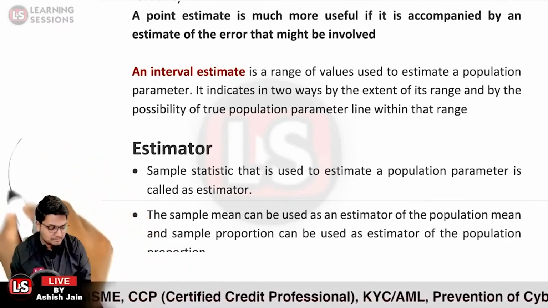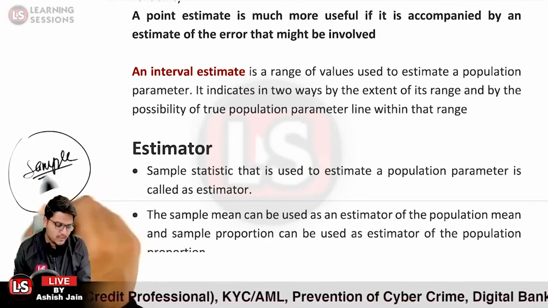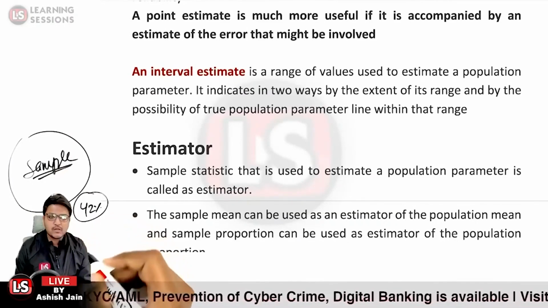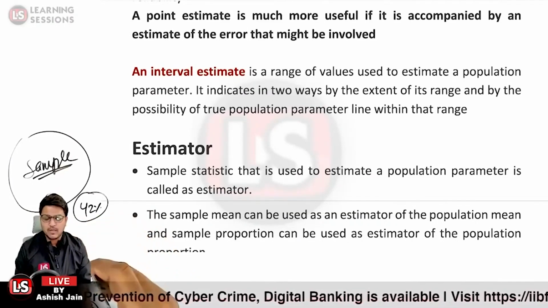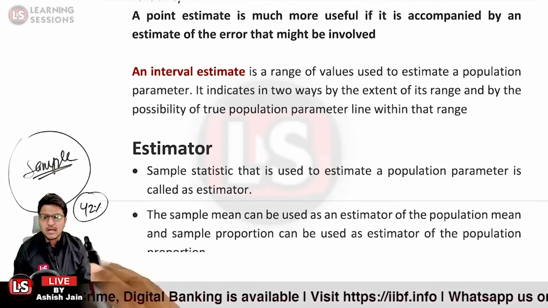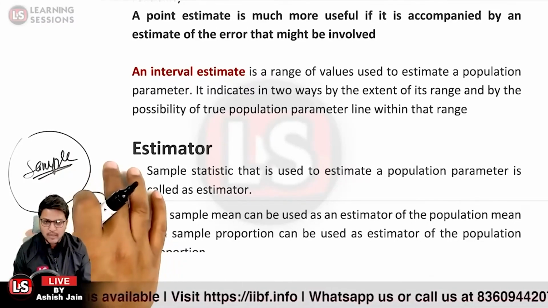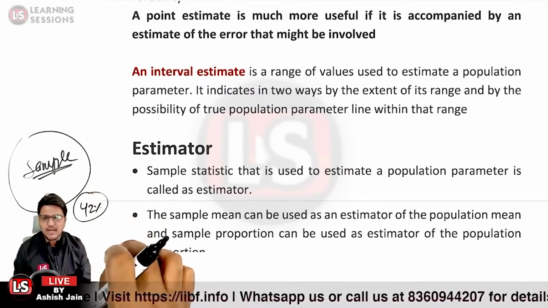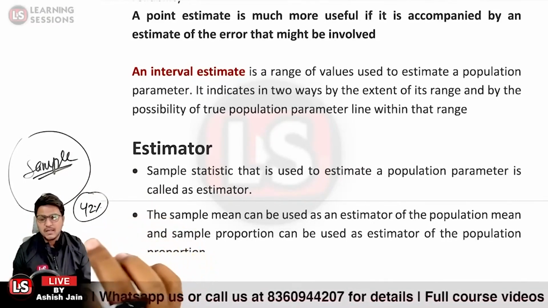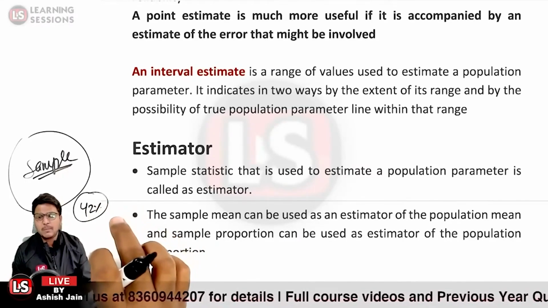So if I have a sample here, and I say that 42% of the entities in the sample are literate but unemployed, try to understand this concept.